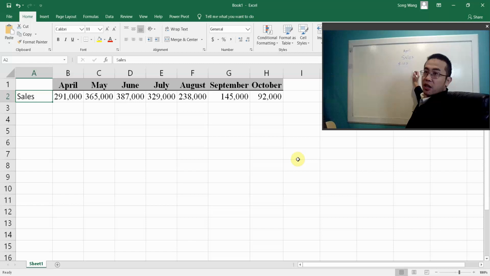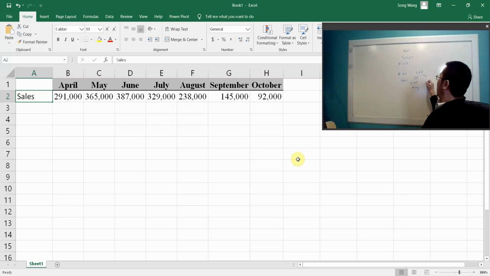Based on the provided condition, 40% of the money will be collected in April in cash, and then of the remaining 60%, 75% of it will be collected in the month following, and the other 25% of the 60% will be collected in the month after. So it's in June. That's the structure.